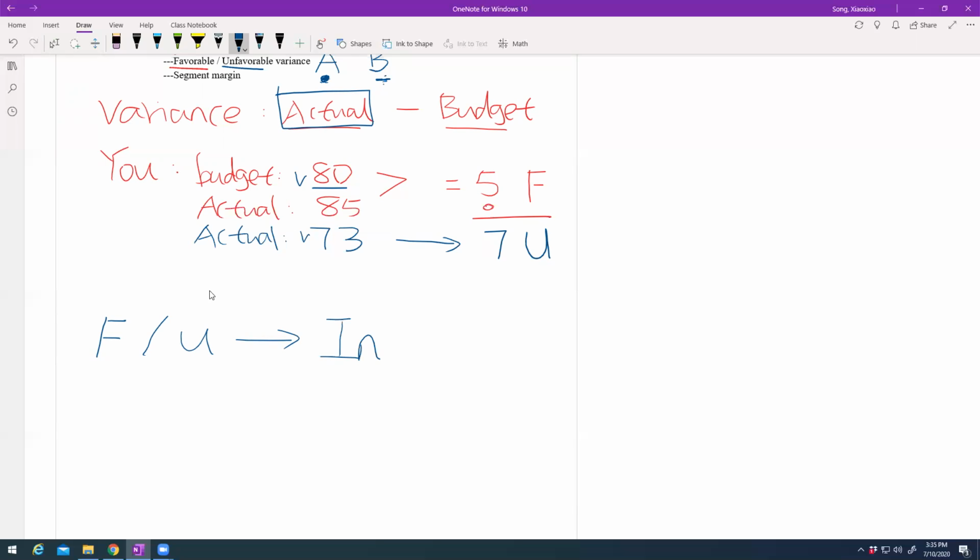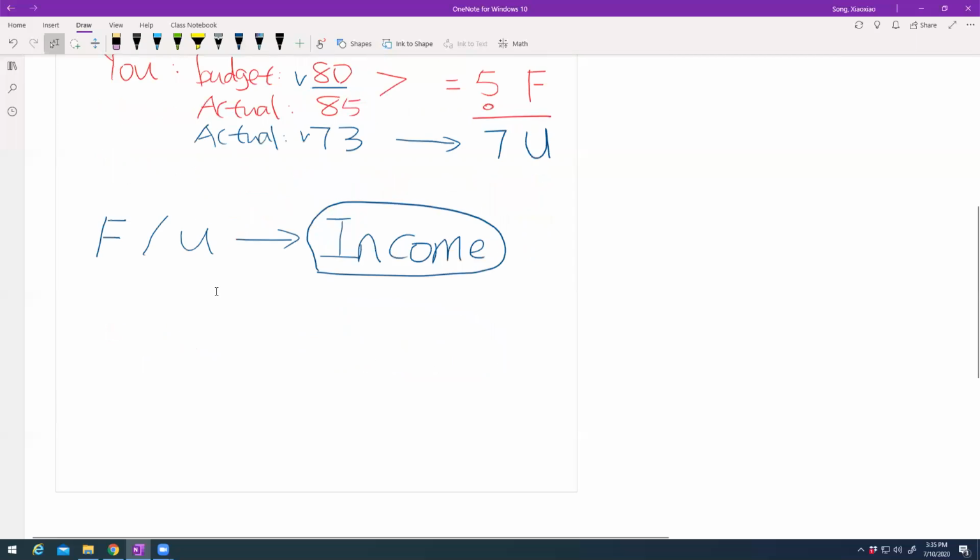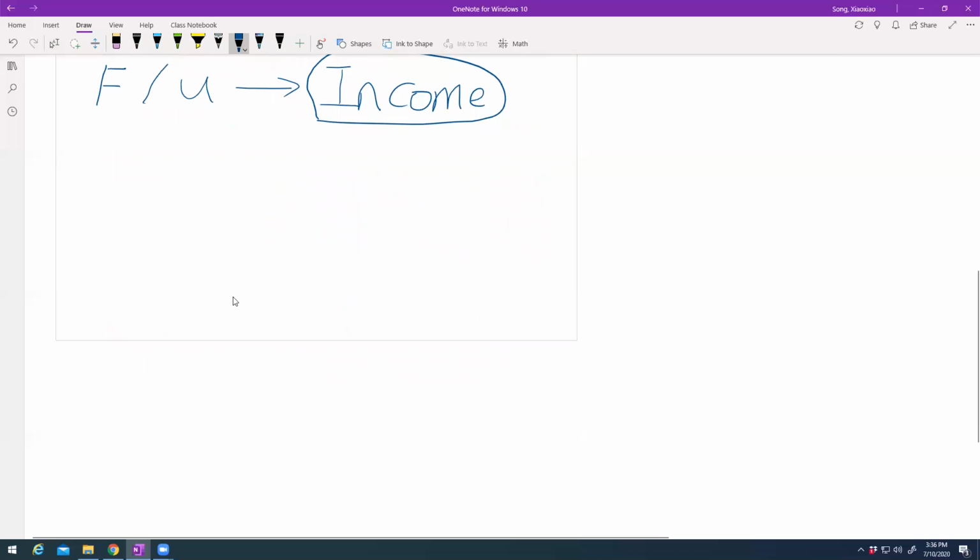So if your actual income is better than the budget, then it will be favorable. If actual is worse than the budget regarding the income, then it's unfavorable. Why do I say this? Because it's different for revenue and for cost.